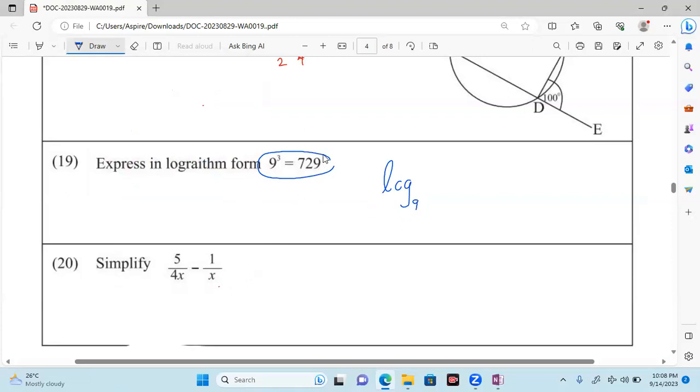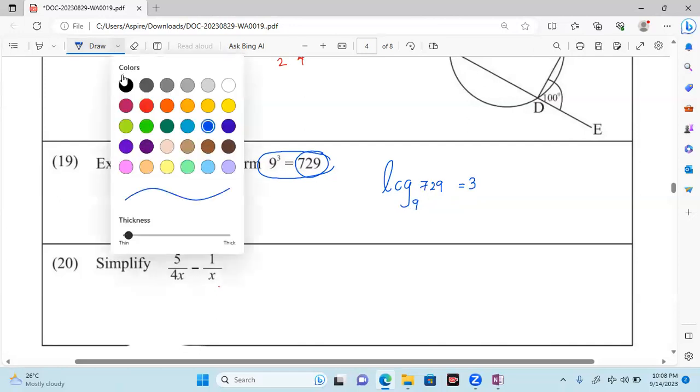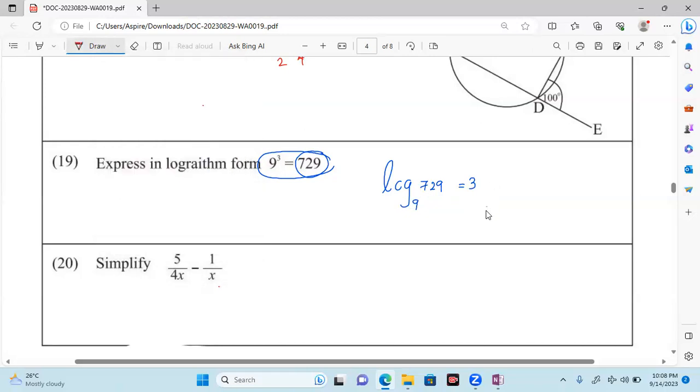Then the value on the other side of the index form is written inside the log term, and it is equal to the index. Always remember that the answer we obtain for a logarithm is an index of a particular power. For this one you are given 2 marks.